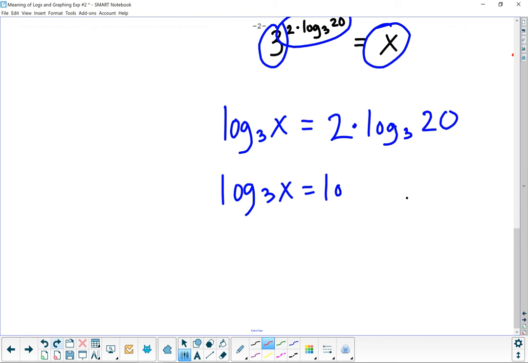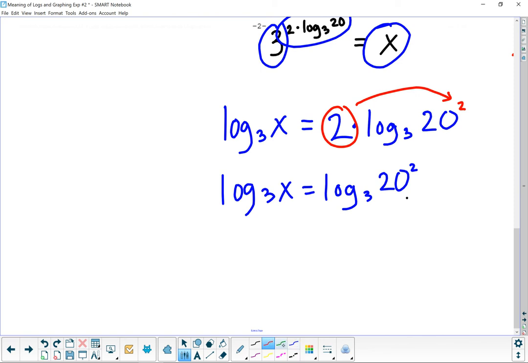And if you guys may remember, you actually can take this multiplication and bring it to the back of the 20, and it serves as an exponent instead. Right? So now we will have a little better looking version of this. So log base 3 of x equals log base 3 of 20 squared. And now we can see that these are exactly the same.